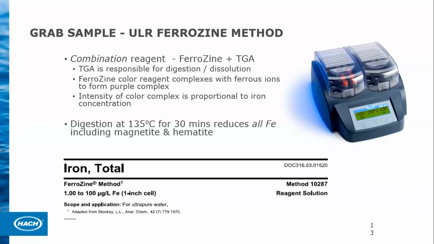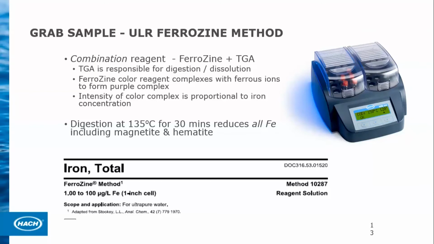Now, what is the TGA? That's the part that gives it that distinct smell that everybody complains about. So you have to do this in a fume hood. The TGA is thioglycolic acid. It is what digests or gets all of the suspended iron particles into solution so that we can measure the total iron.